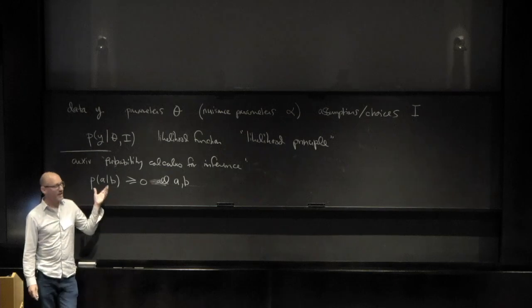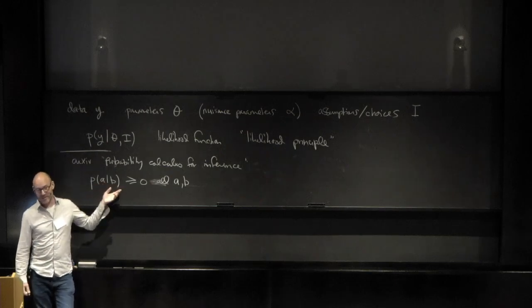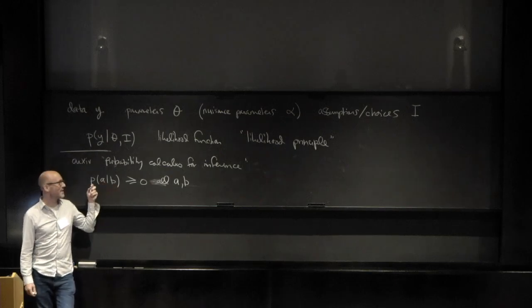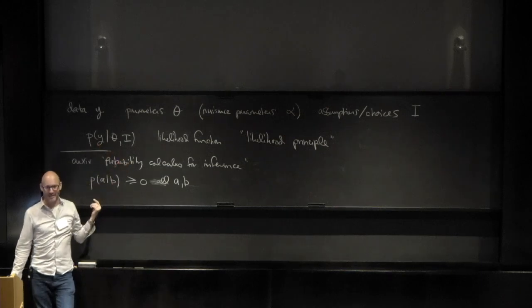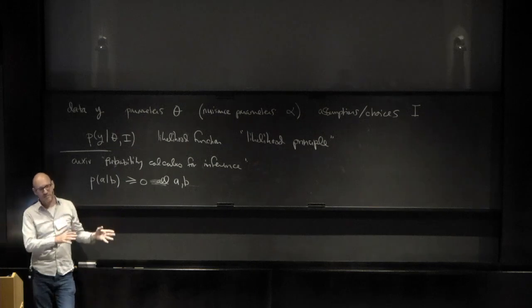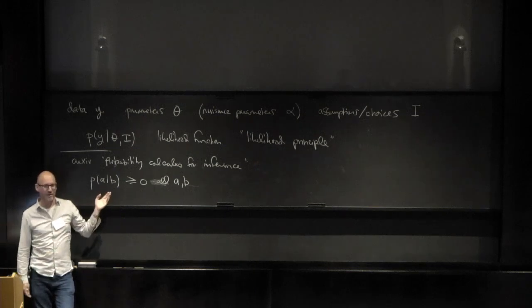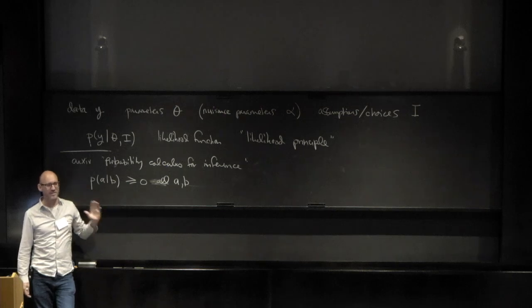This notation, by the way, is horrendous because I'm going to use the symbol P for all sorts of different things. So I'm overloading the letter P, which is ridiculous and bad. People in the stats community use a better notation, but in astrophysics, this is the notation people use, so we're just going to go with it.